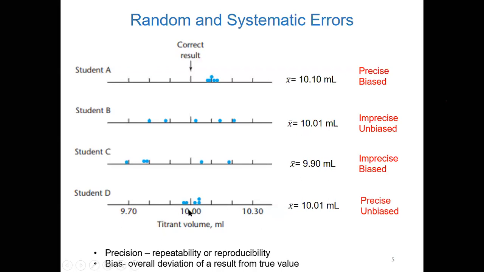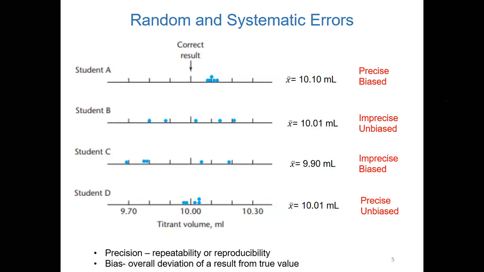All the values lie within the same range, and the average is 10.01, so the deviation from the true value is 0.01. Therefore, the results are unbiased. So this one is highly precise and unbiased. That means for student D, when the precision is high, the random error is really low.